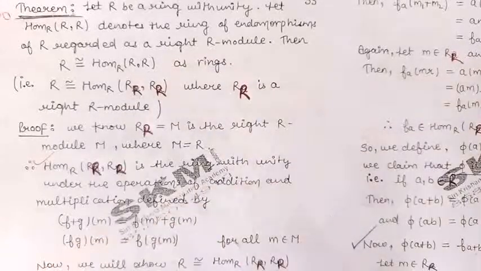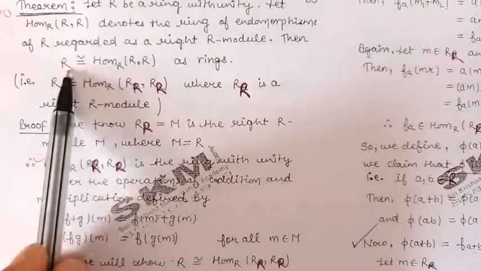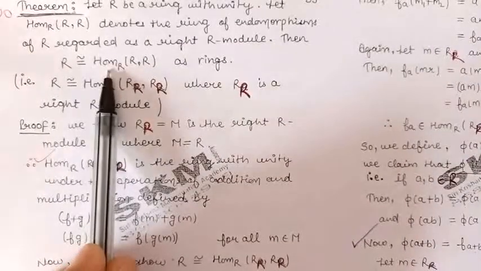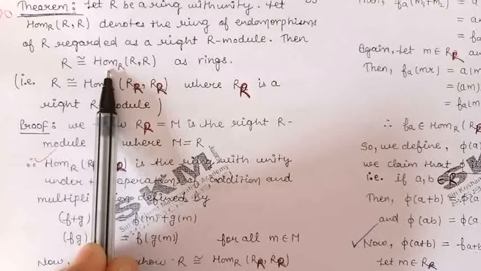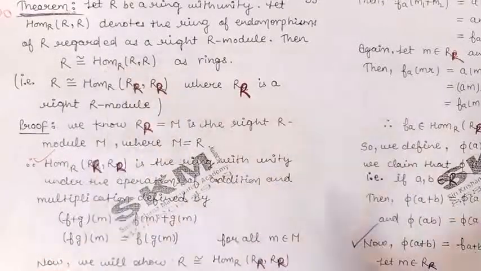To prove this, we will have to define a mapping from the ring R into this ring of endomorphisms, and we will prove that it is an isomorphism of rings.